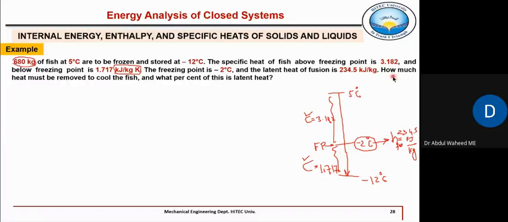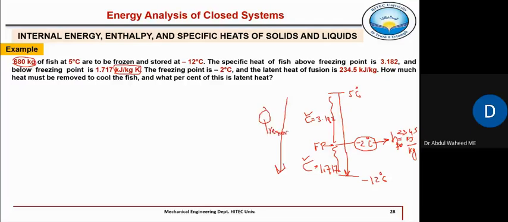Okay. So now we need to determine how much heat must be removed to cool the fish. So the total heat which must be removed by dropping its temperature from 5 degrees Celsius to minus 12 degrees Celsius, यहाँ से हमें remove करनी है, that is to be calculated. So this total heat removed, Q removed, is to be calculated.